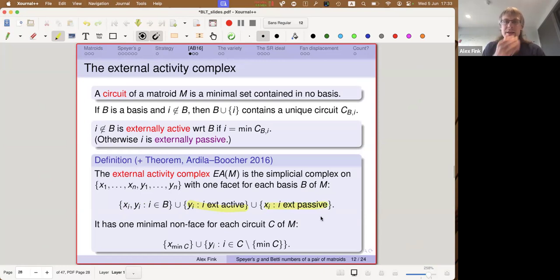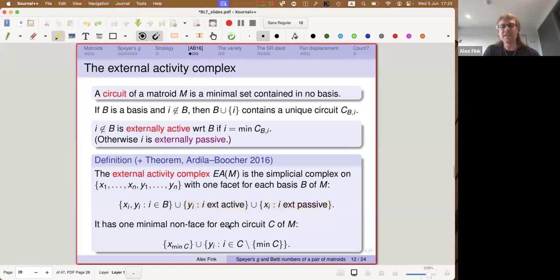So that is a way of encoding a basis together with the externally active or passive status of every non-element. I get a face of this simplicial complex, a facet. So I can do that by labeling the bases.